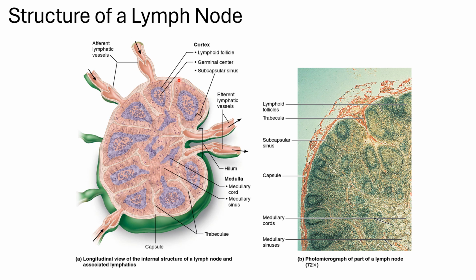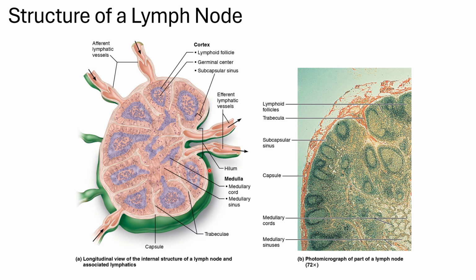And then we have sinuses. So these are the afferent vessels. Like I told you, lymph nodes have afferent lymphatics and they have efferent lymphatics, because the lymph enters from here, then it goes to the subcapsular sinus. From the subcapsular sinus, it goes to the medullary sinus, and from the medullary sinus, it goes out from the efferent vessels.